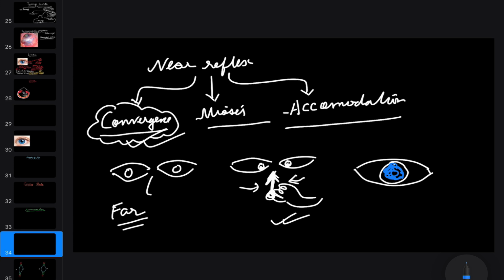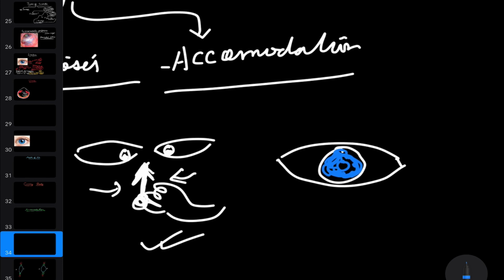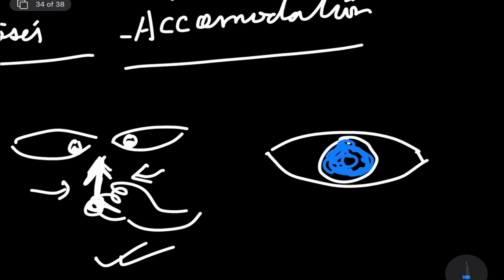The blue colored part is the iris. And that black hole in the center, suppose this entire blue thing is the iris. And that black portion in the center, that is your pupil.